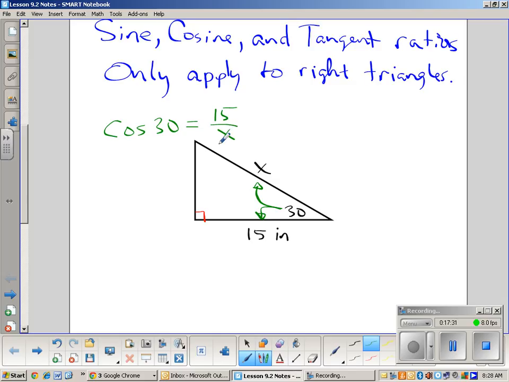Now how did I tell you to solve that? Nice and loud, somebody. What do we do? Yeah, we switch places with these, right? Whenever the unknown's in the bottom, we can switch places. Whoever said cross multiply, that's exactly what we're doing. This is just the result. X will equal 15 over cosine 30. Okay?